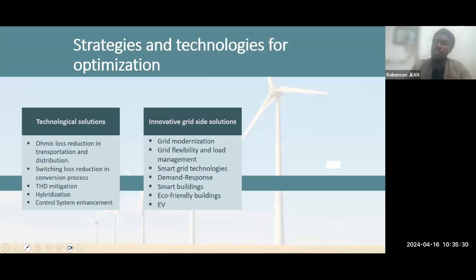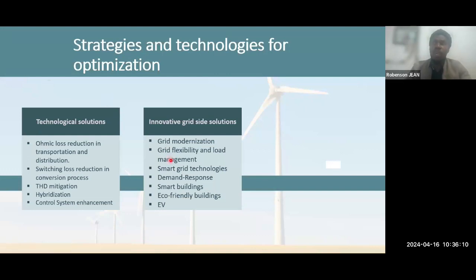For instance, we can try some new approaches, like bringing some new technologies into the grid that are related to data management and communication, in order to increase the type of services that the operators are giving. So, for instance, we can consider the grid flexibility.